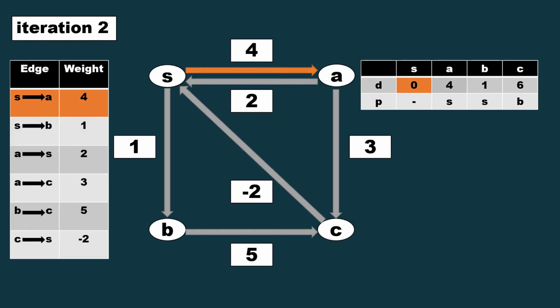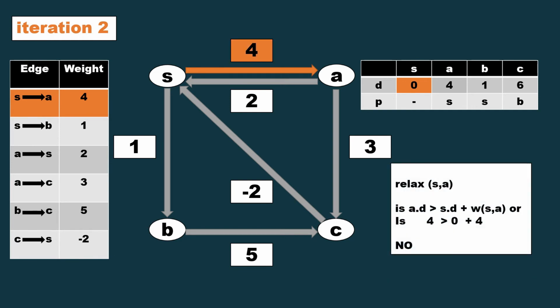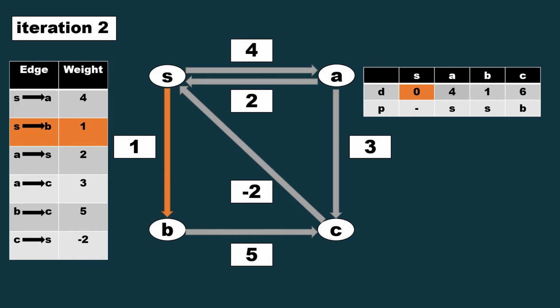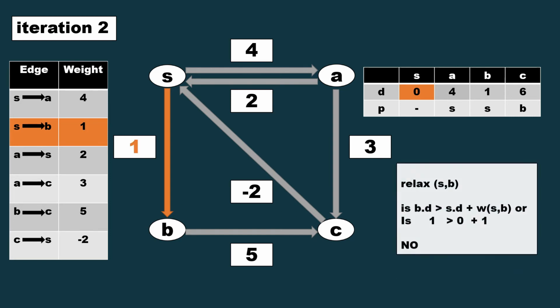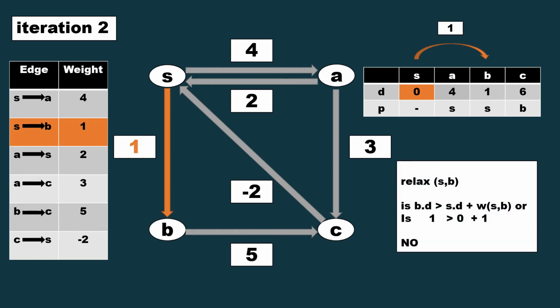Proceed to our first edge in iteration 2. Relax SA. Is 4 greater than 0 plus 4? No. 0 plus 4 is equal to 4, and 4 is just equal to 4, so we will not update. Proceed to our second edge. Relax SB.